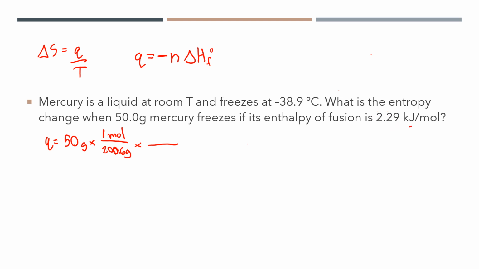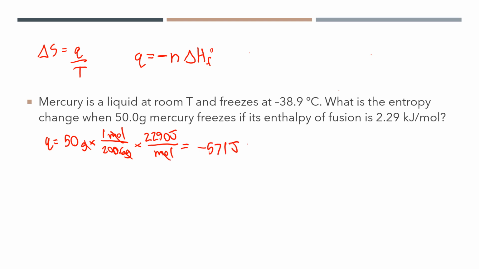Now keep in mind, this is in kilojoules. We have to convert it to joules because the units of entropy are joules per Kelvin. So we have 2290 joules per mole. Then moles cancel out, grams cancel out, and that gets us an overall negative 571 joules.